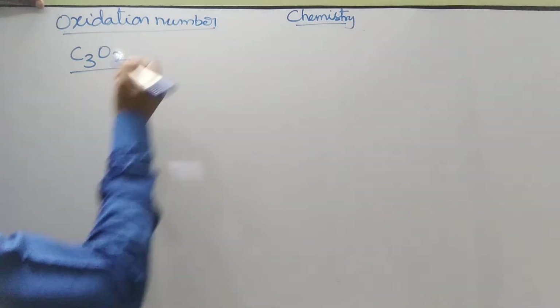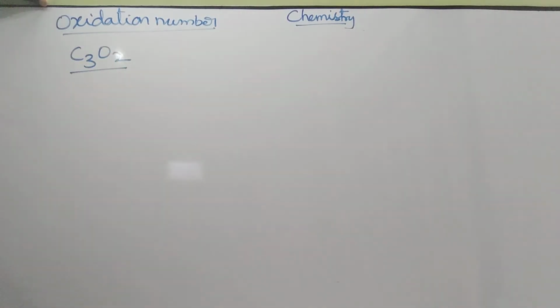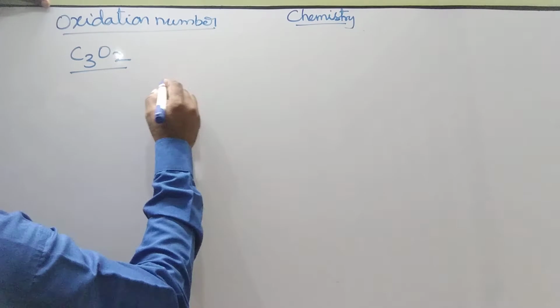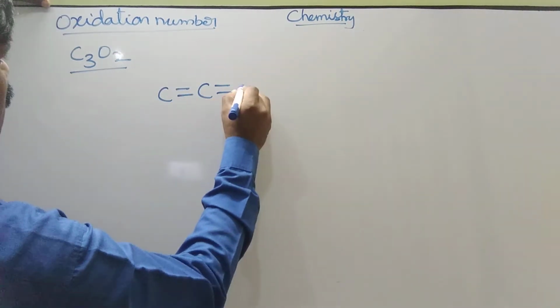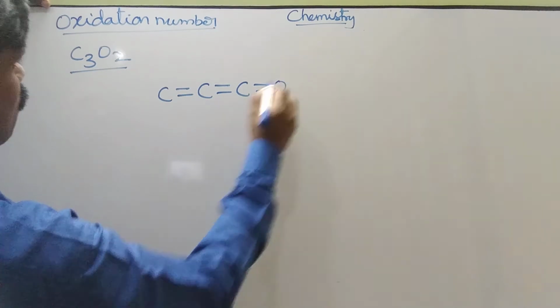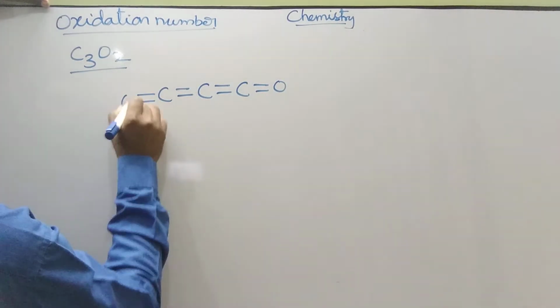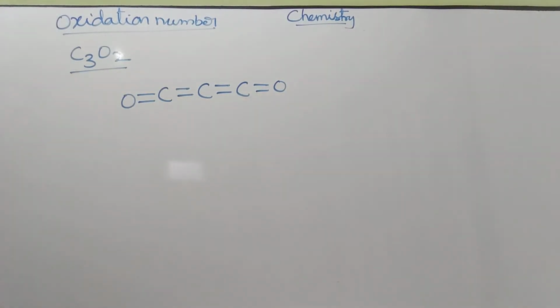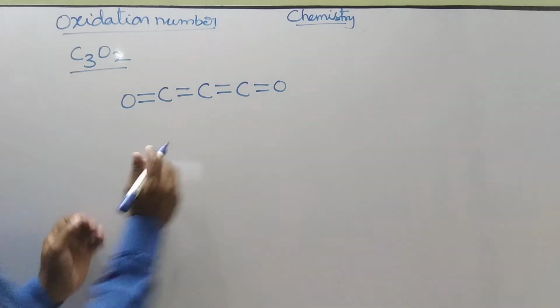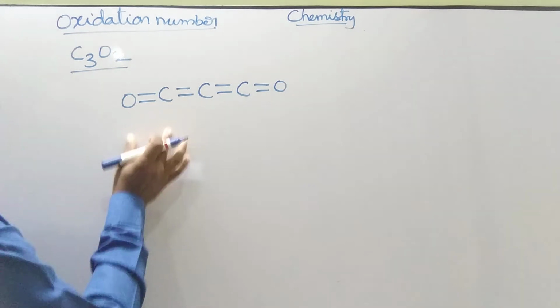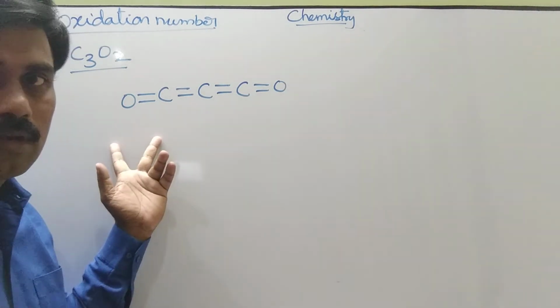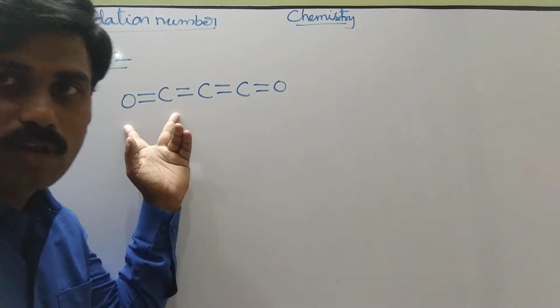Once look at this now. Look at the structure of C3O2. In the structure of C3O2, O double bond C double bond C double bond C double bond O. This is the structure of C3O2. In this case, between carbon and oxygen, which is more electronegative?